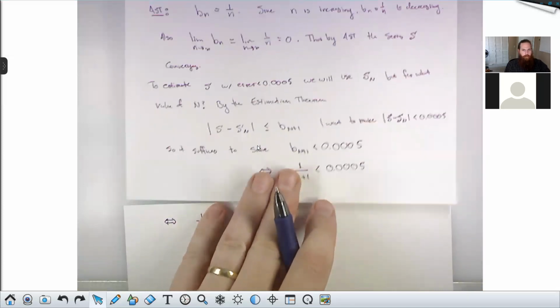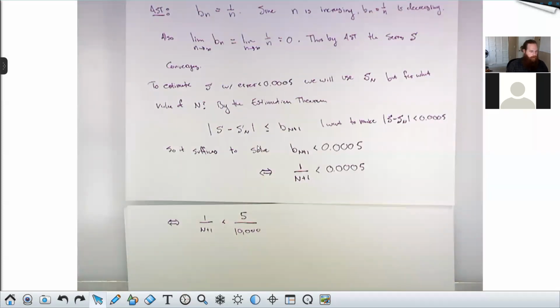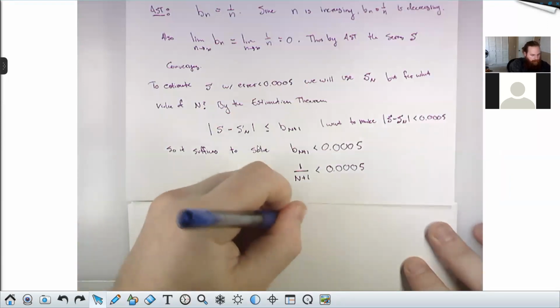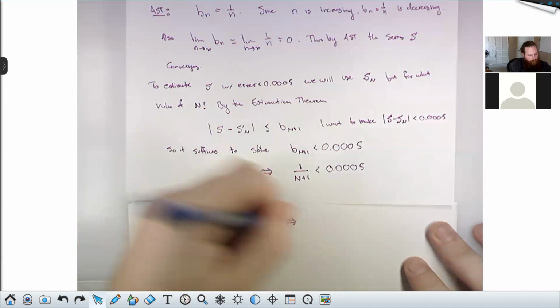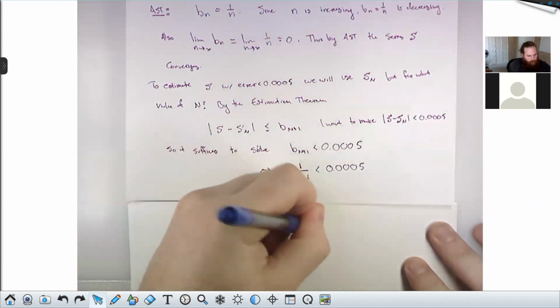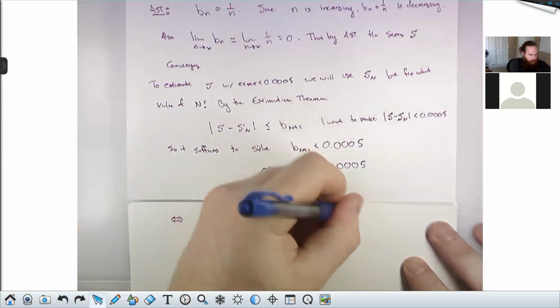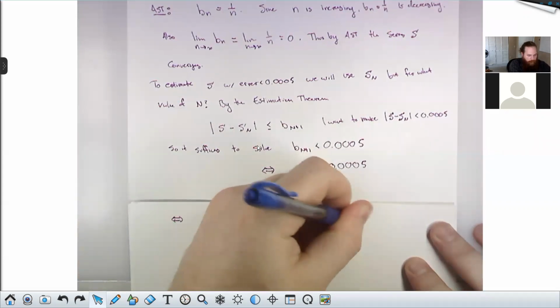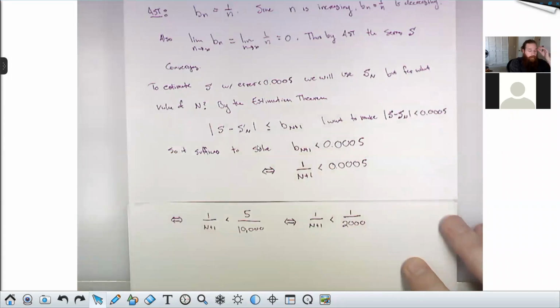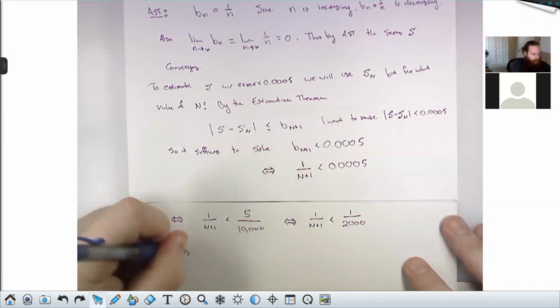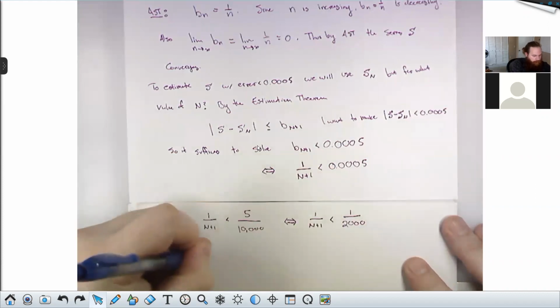So I'll leave it like this for as long as I can. My right-hand side, I can simplify. This is the same as saying 1 over N plus 1 is less than 1 over 2,000, because 10,000 divided by 5 is 2,000, which is the same as saying, if I take reciprocals on both sides, the inequality flips over.